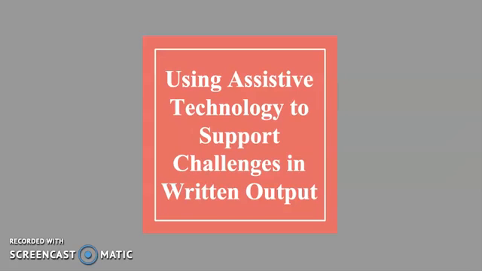So, we're going to talk about things in those different categories and some potential products and solutions that might help somebody with a disability who has a challenge in writing or producing written output. So that also might be keyboarding. Now, for a student to succeed in the classroom, they need to be able to put out work.